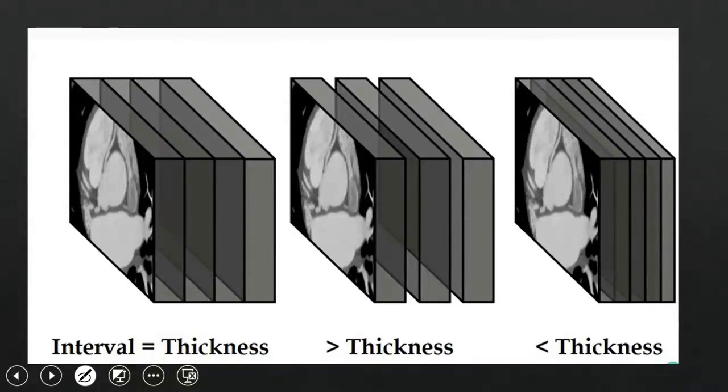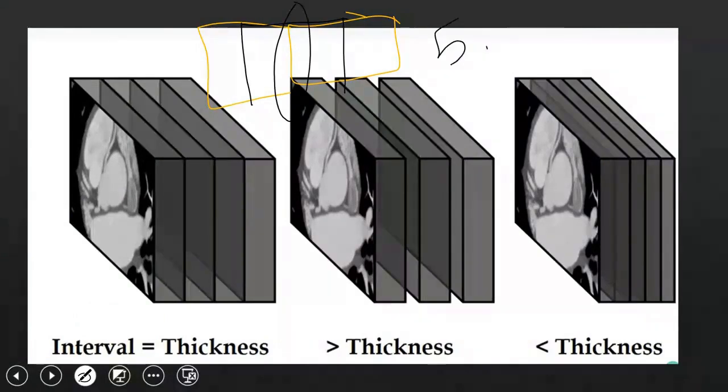The gap between the slices is not the gap between the slices. The gap or interval is the distance from the center of one slice to the center of another slice. So, I currently have two slices like this, one next to the other. The distance from the center of this slice is the gap or the interval, not the distance in between.